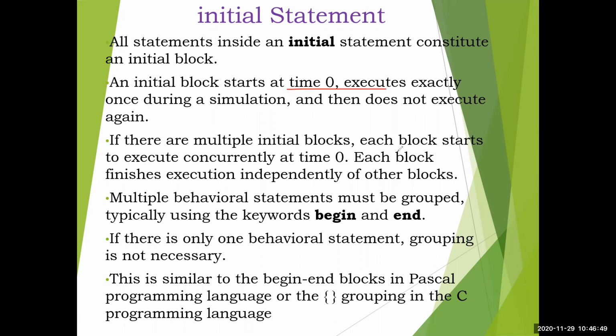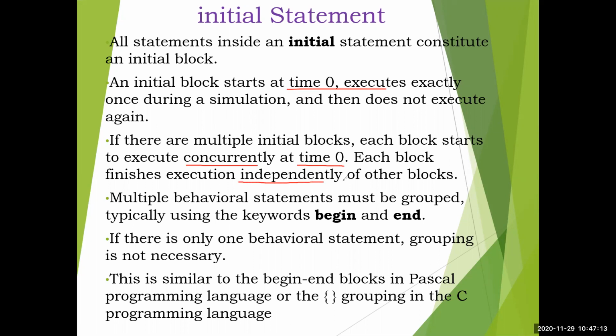If there are multiple initial blocks, each block starts to execute concurrently at time 0. They will execute simultaneously. Based on the number of statements or the number of delays inside the initial blocks, they may end at different times, but all will start at the same time. Each block finishes execution independently of other blocks.